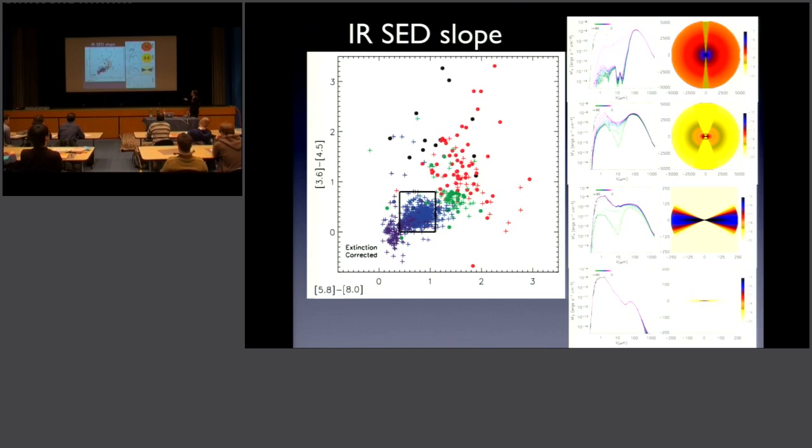So you see the various lines of sight. It doesn't depend enormously. The region where it depends mostly is here, okay? Because in class zeros, most inclinations are equal, except if you are unlucky and you look through the cavity. But if you assume random orientations, that is a very small effect.